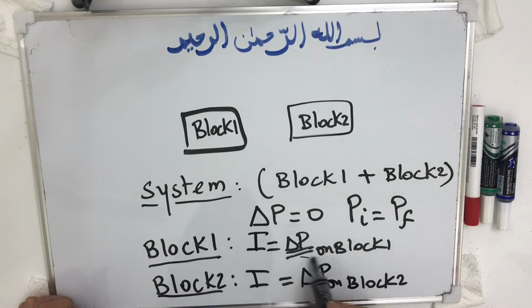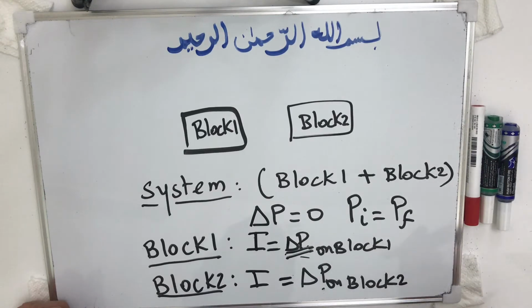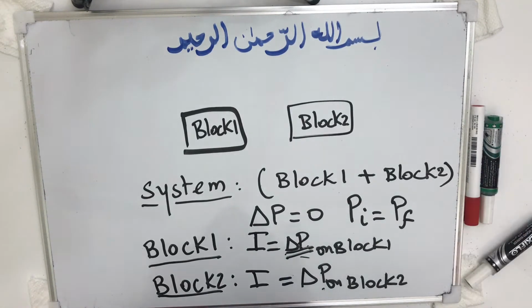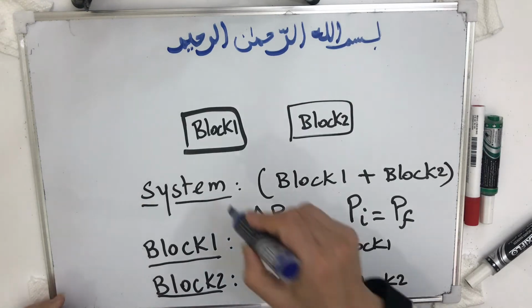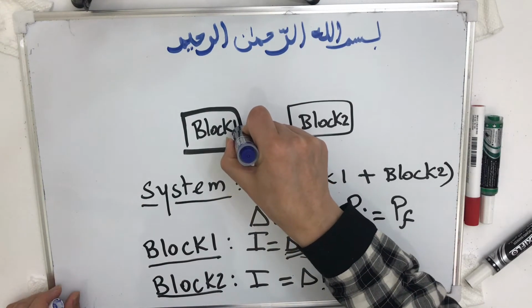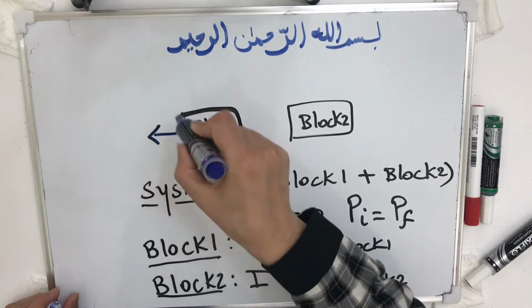This one would have a value of plus 5 kilogram meter per second. This one will have a value of minus 5 kilogram meters per second, because of Newton's third law of motion, action-reaction.